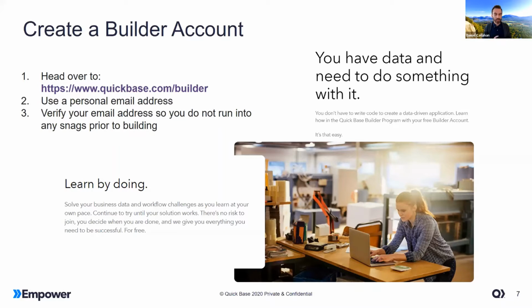If you haven't and you still need to, just jump over to quickbase.com/builder, throw in a personal email address so it doesn't connect to your corporate account. And then immediately after opening that builder account, go ahead and jump into that email account and verify it so that you don't hit any snags when you're building today or when you're building tomorrow.